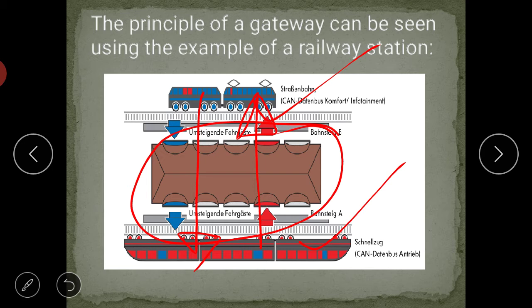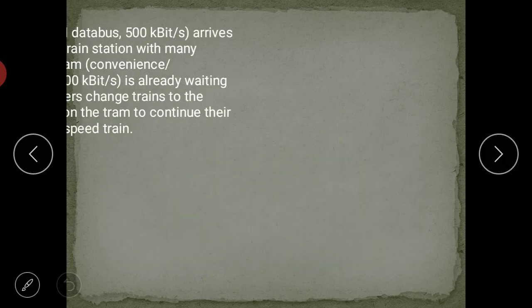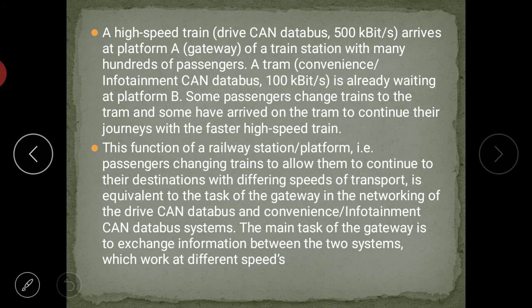Passengers can move from A to B, and from B to A. This is enabled by the gateway. So what does the gateway basically do? It enables transmission of data between CAN bus systems which are operating at different speeds. The same thing is explained over here.